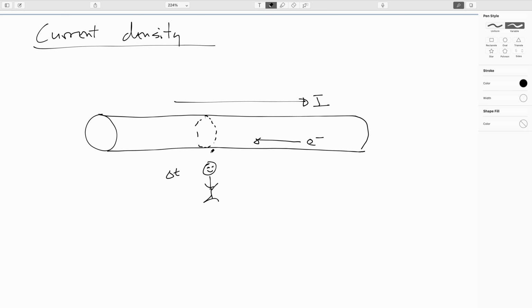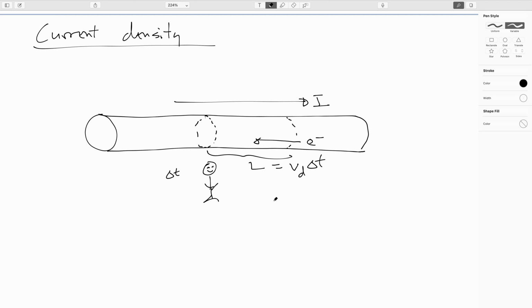So in that time, delta t, how much charge has gone through? Whatever charge is sitting here in this length right here. That length would be equal to the drift velocity of our charge carriers times the time that we were running our stopwatch.